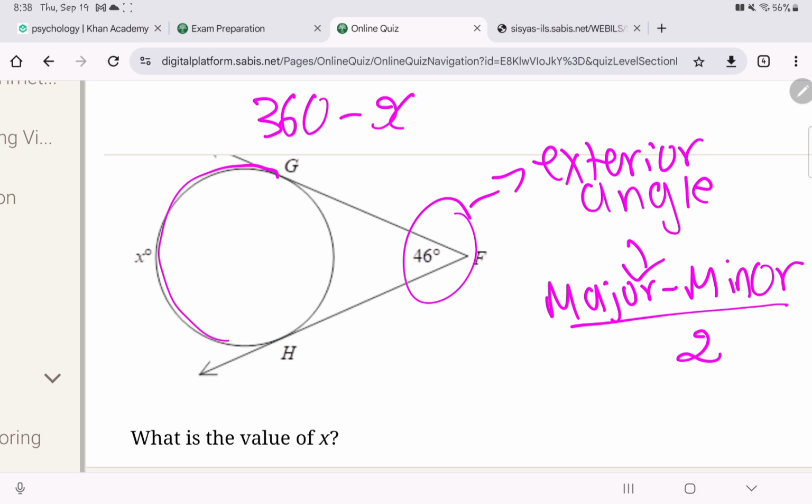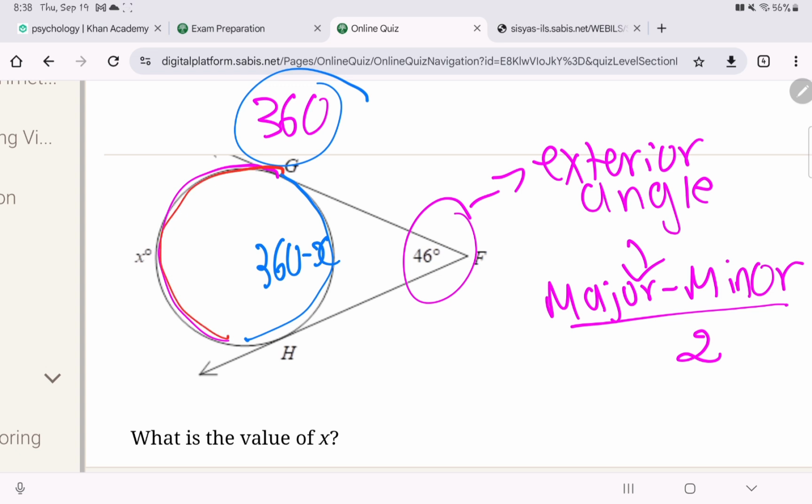So the measure of this minor arc is going to be 360 minus x. I will repeat this again. The major is x. In total, the circle is equal to 360. So if this is x, then this is 360 minus x.